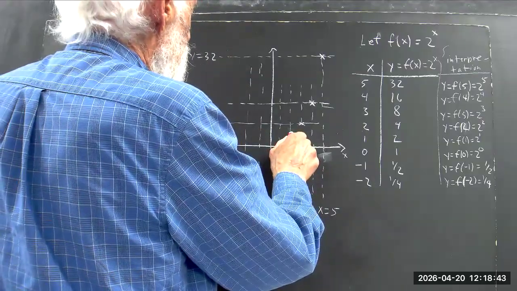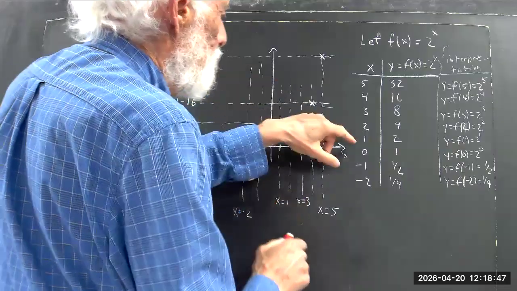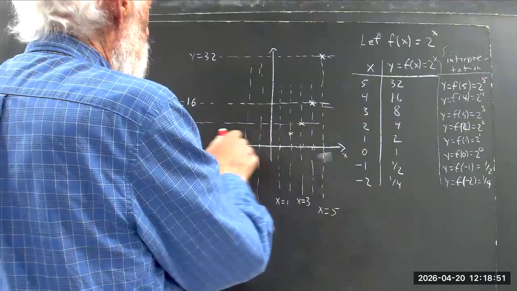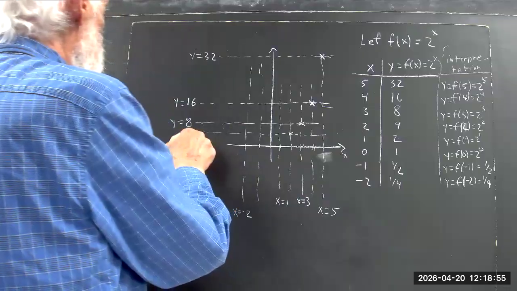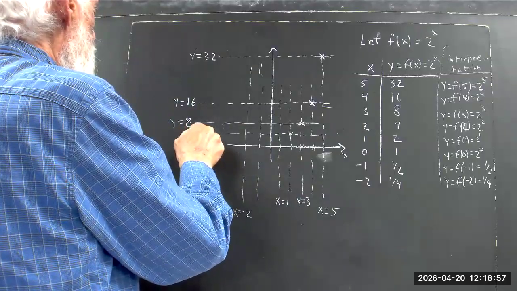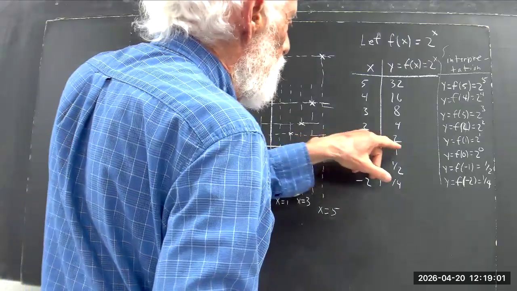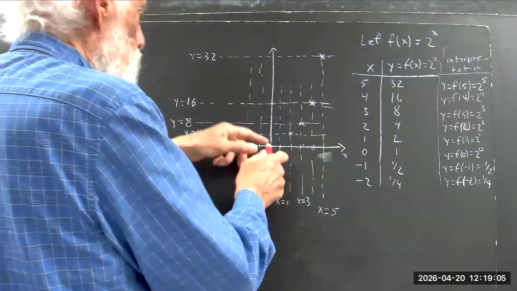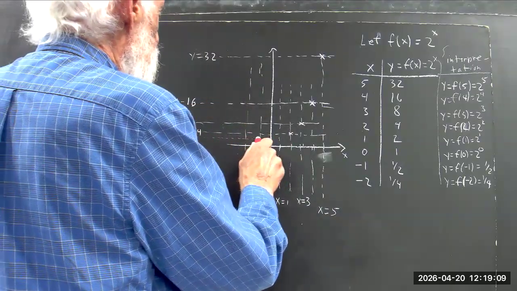So let's see. That would put the x equals 2 line meeting the y equals 4 line, and the y equals 4 line would be here. And then the x equals 1 line should meet the y equals 2 line. The y equals 2 line will be twice as close to the x-axis as the y equals 4 line.